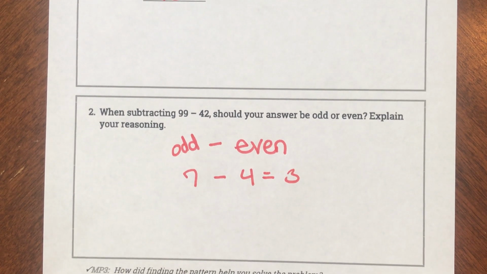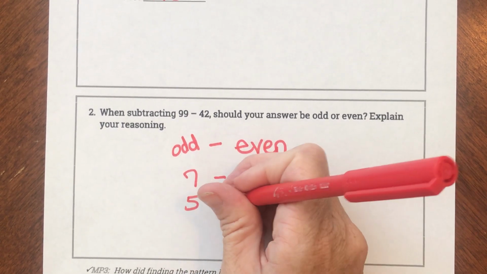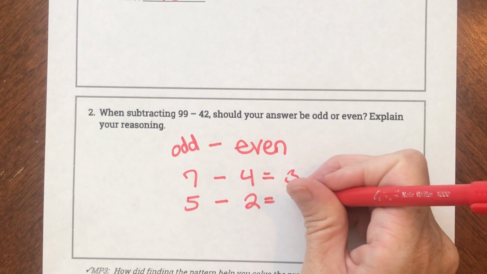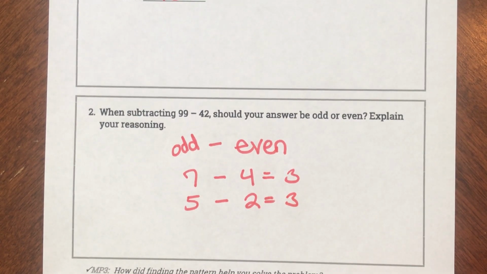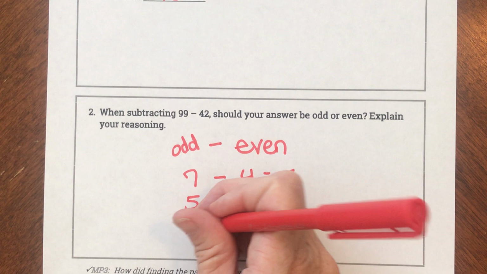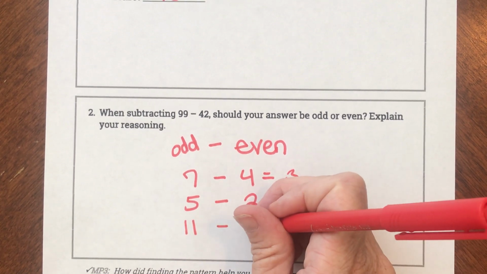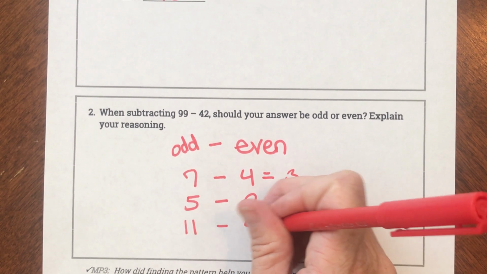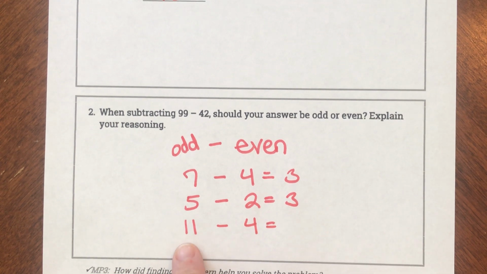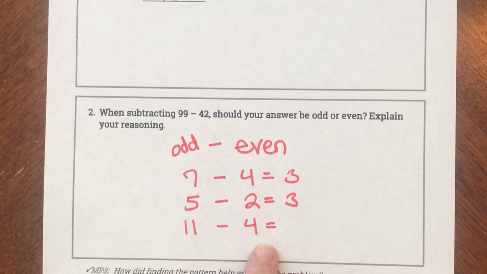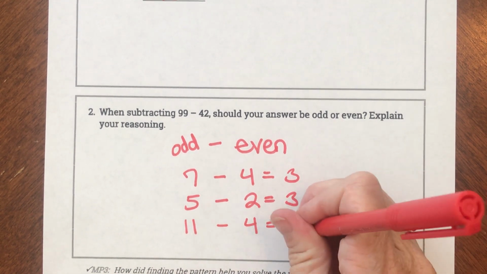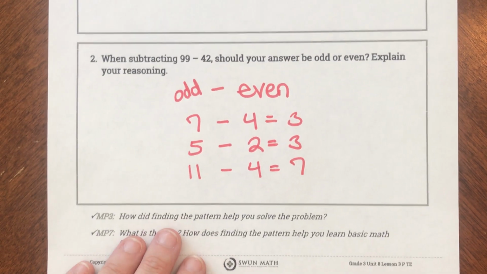Let me try another odd and even. What if I had 5, take away 2? I get 3. What if I had the odd number 11, take away an even number of 4? So 11 is odd and 4 is even. So 11 take away 4 is 7. Ooh, I could even try another one.